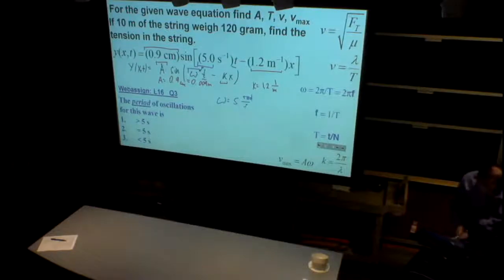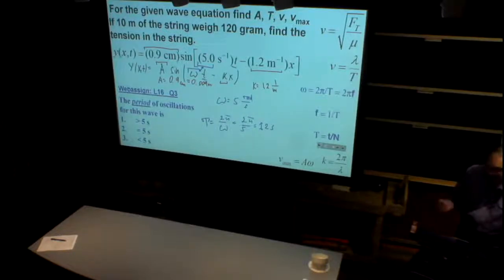But we can calculate the period, of course, now, because it is equal to 2 pi over omega, 2 pi over 5. 1.2 seconds, about, I think. So if we know the number, now we choose the right answer.